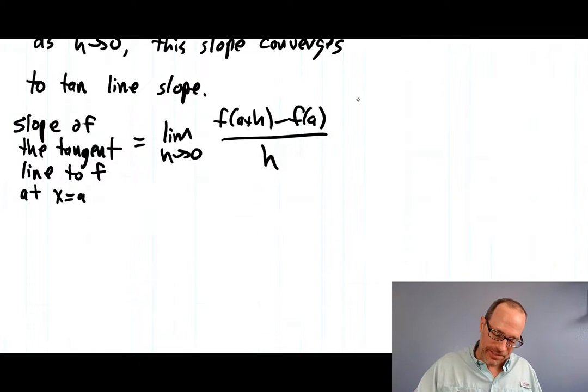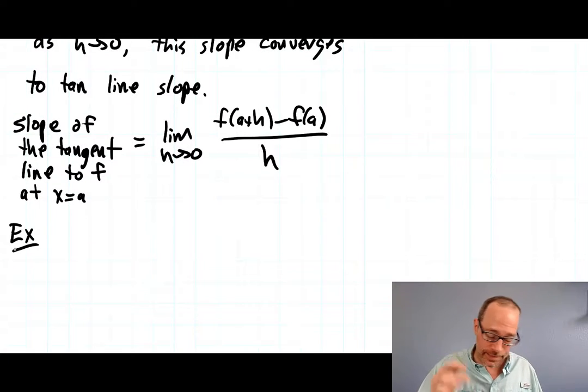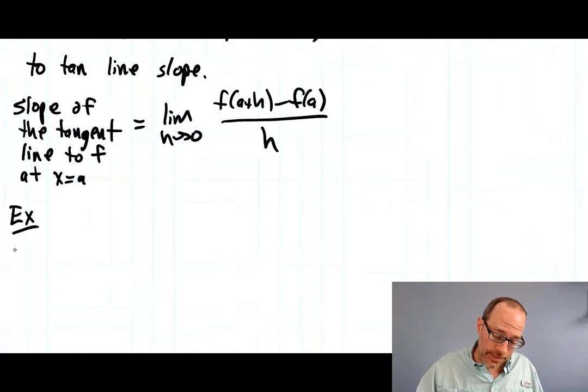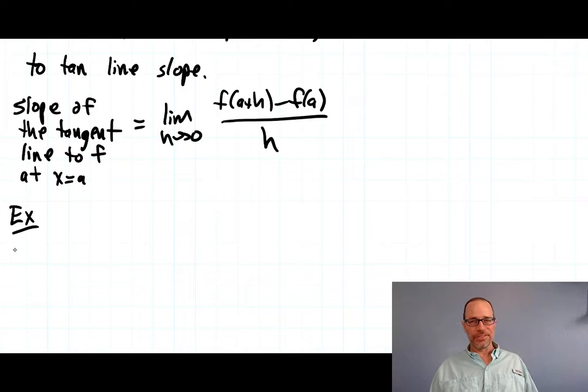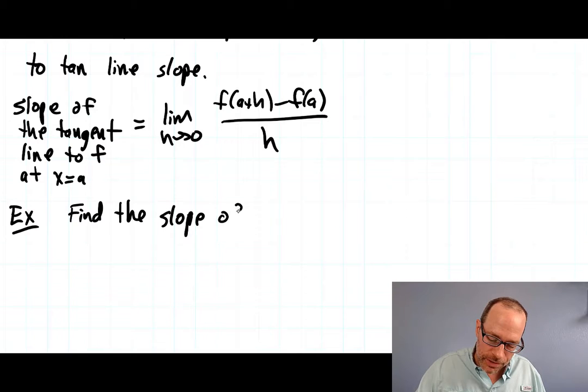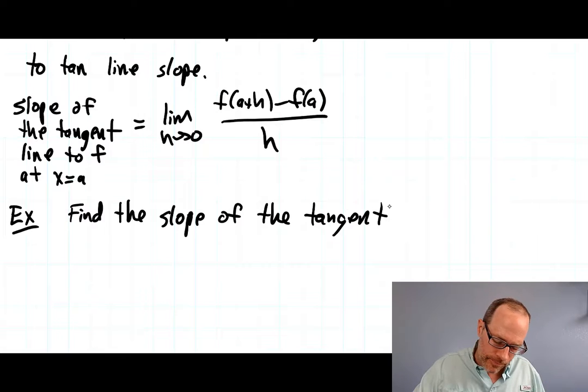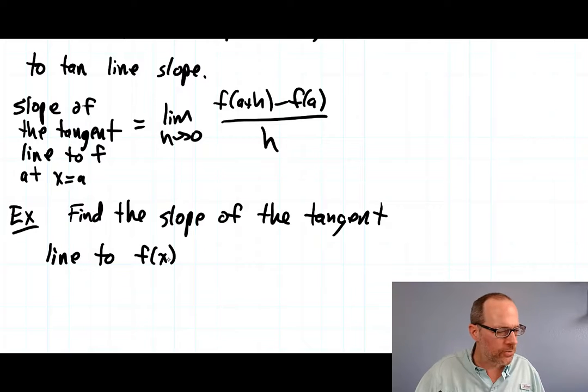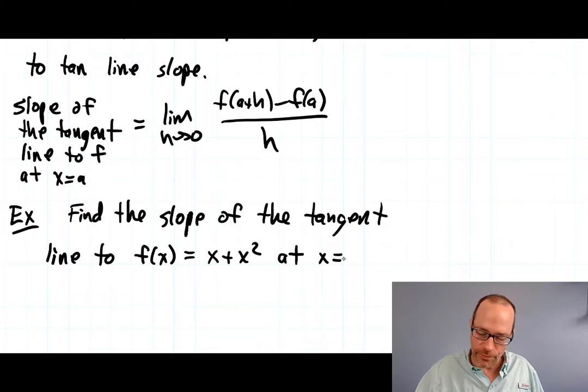All right. Let's do an example of this, because in practice, with some of these straightforward examples, you can really see the answer just by looking at it. So find the slope of the tangent line to the function f of x equals x plus x squared at x is equal to 3.